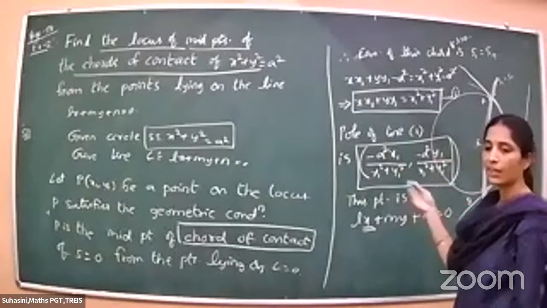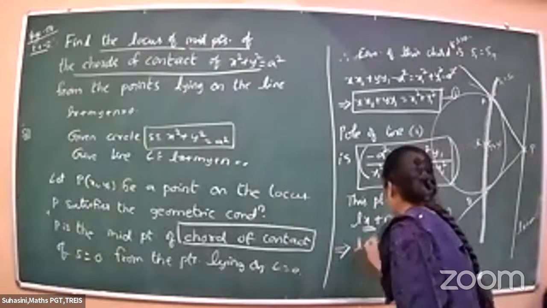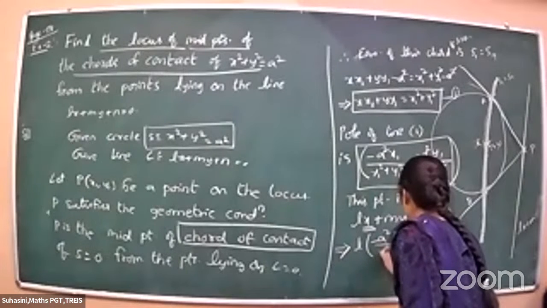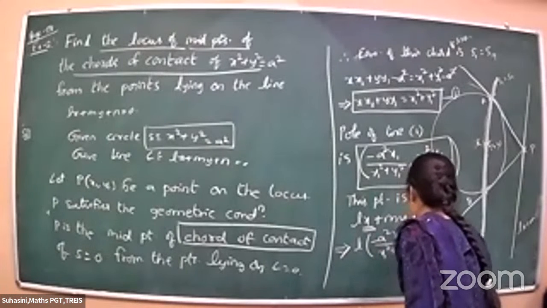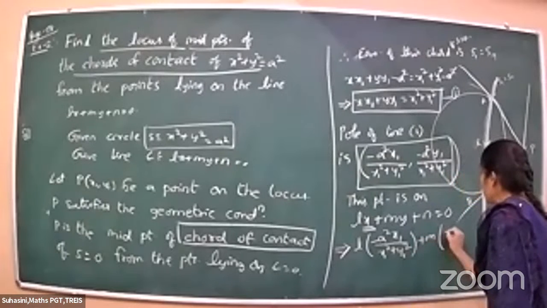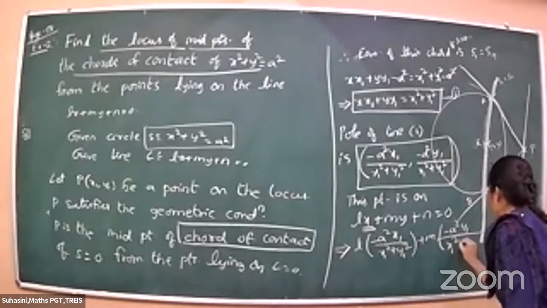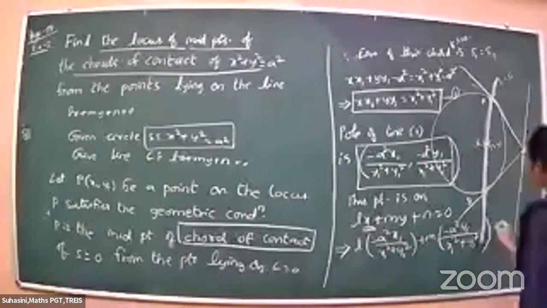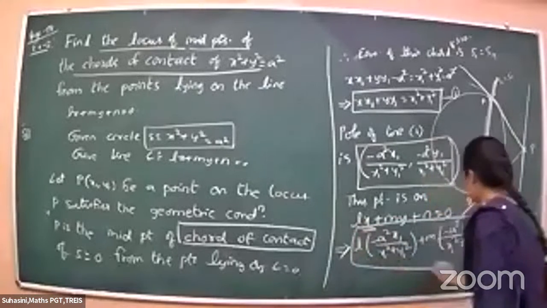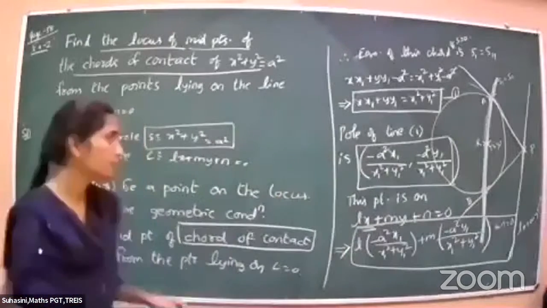We get the required equation of locus of P. This implies l into minus a square x1 by x1 square plus y1 square plus m into minus a square y1 by x1 square plus y1 square plus n equal to 0. On simplification of which we will get the required equation of locus of P.